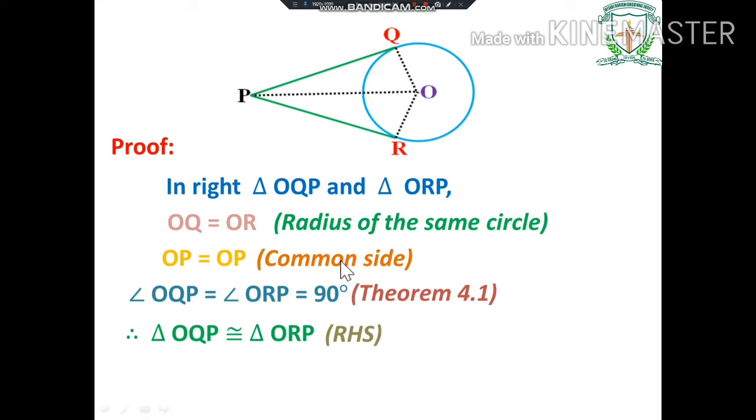Therefore, they are equal. Therefore, PQ is equal to PR. What is the reason? Yes, children, CPCT. What is the full form of CPCT? Corresponding parts of congruent triangles. Therefore, we have proved that the tangents drawn from an external point to a circle are equal.